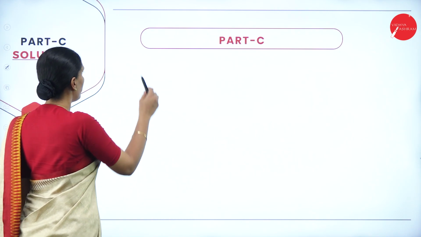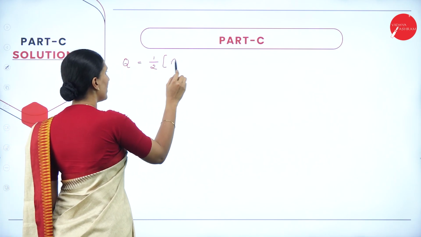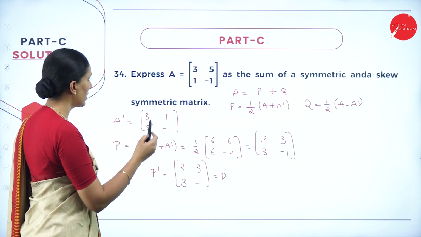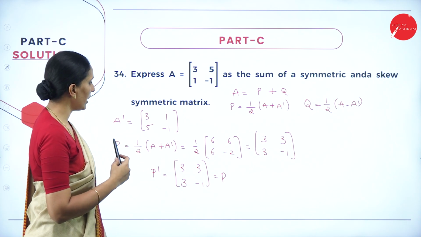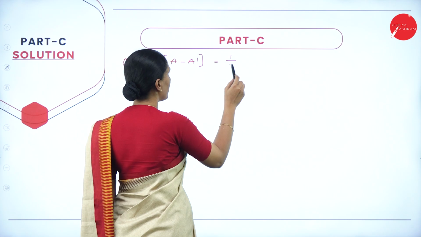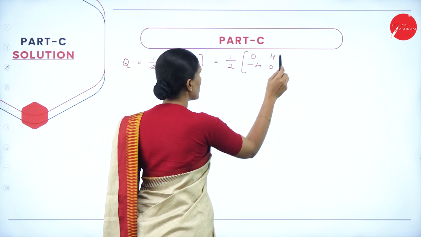Let's find Q. So Q is equal to half of A minus A dash. When we subtract A minus A dash, we get 3 minus 3 is 0, 5 minus 1 is 4, 1 minus 5 is minus 4, and minus 1 plus 1 is 0. So we are left with half of 0, 4, minus 4, 0.